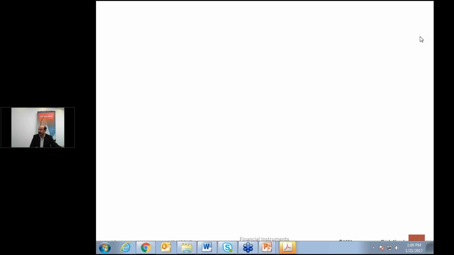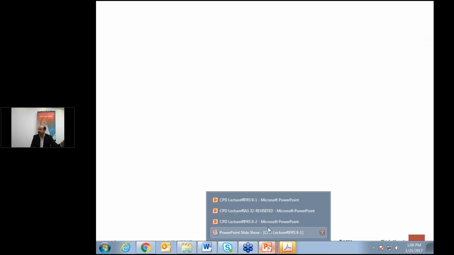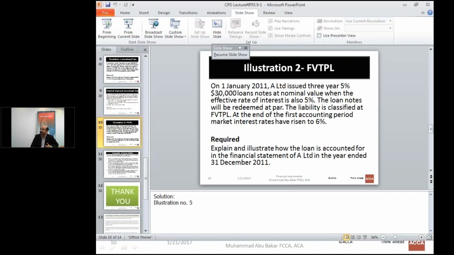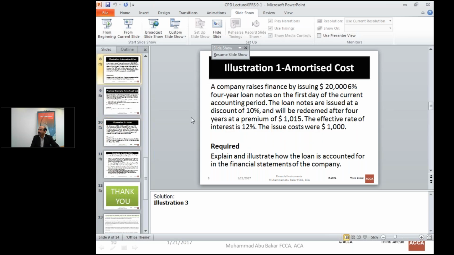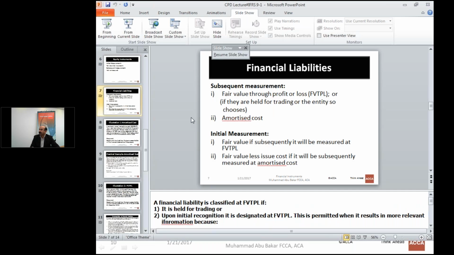We learned yesterday that financial liability will be treated either at amortized cost subsequently or fair value through profit or loss. So yesterday we learned how to account for amortized cost.